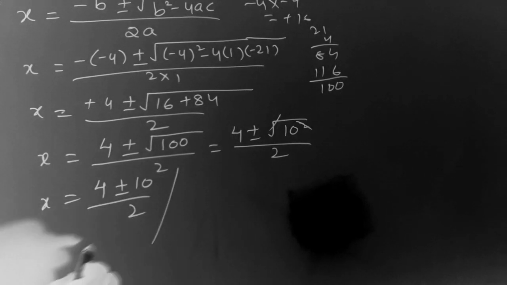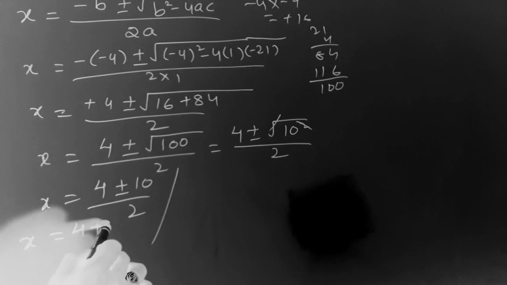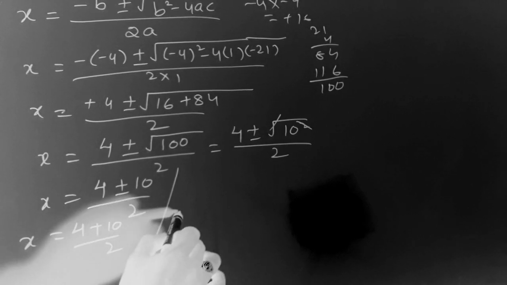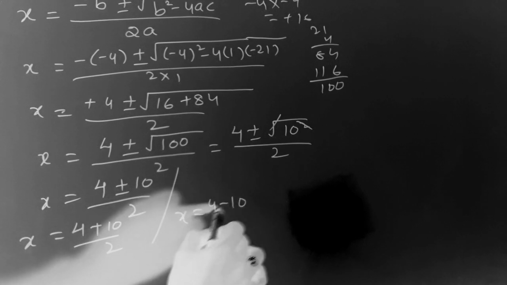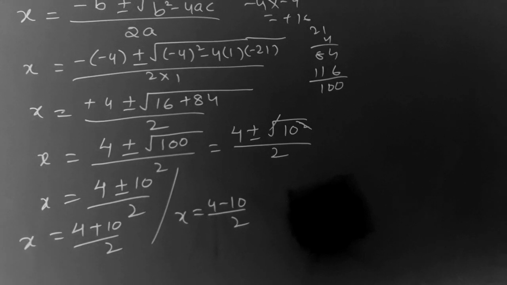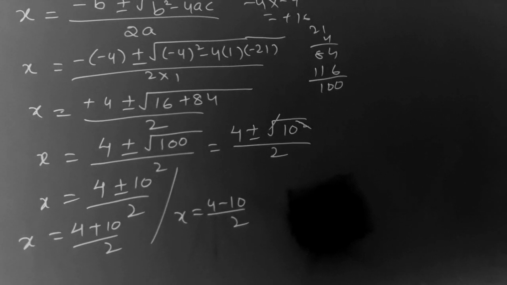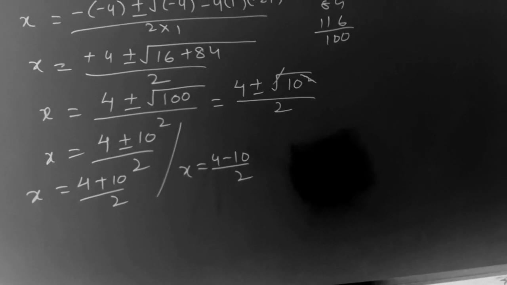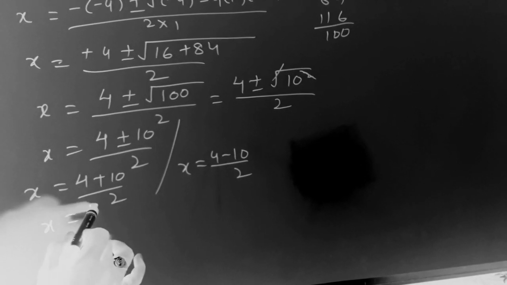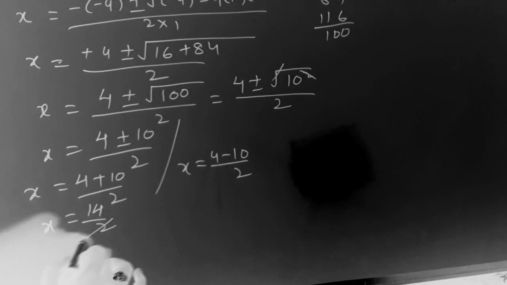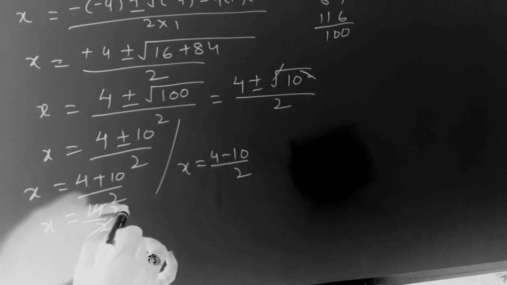One time you take x is equal to 4 plus 10 by 2, one time you take x is equal to 4 minus 10 by 2. 4 plus 10 is nothing but 14 by 2, 2 sevens are 14.